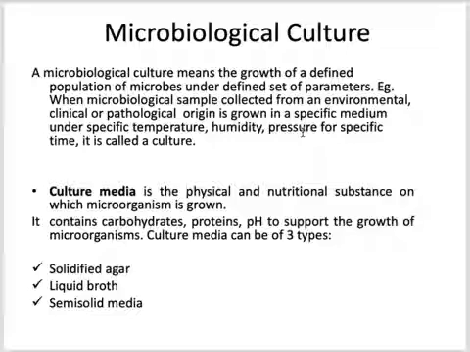For example, say a microbiological sample has been collected from an environmental, clinical or pathological origin. After collecting these samples, we can grow them in a specific medium under specific parameters, such as specific temperature, humidity, pressure for a specific time. This is called a culture. Different bacterial species sometimes need different environmental parameters.